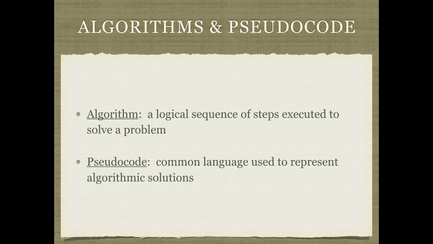One particular way that you can achieve algorithmic problem solving without actually writing code is through the practice of pseudocode, which we will go into again next week. But it's basically just using common language to represent the different steps of your algorithmic solution.